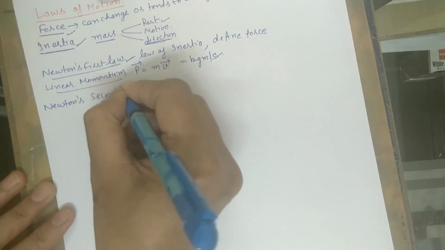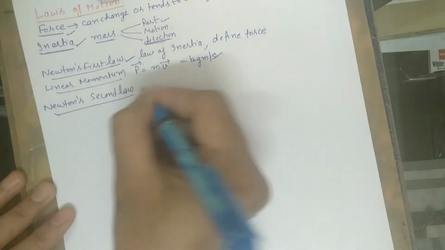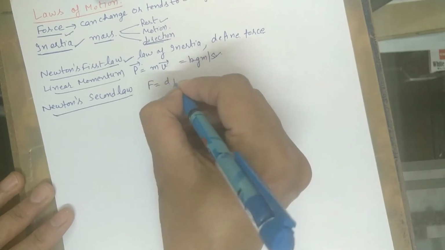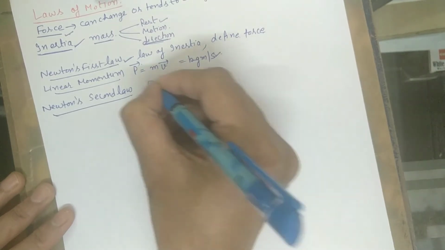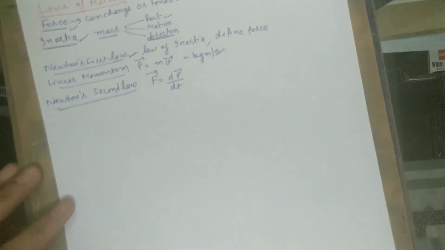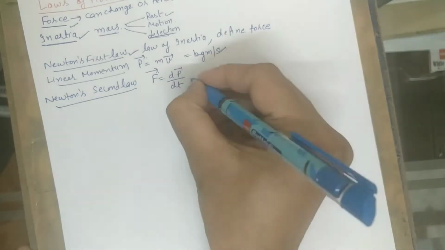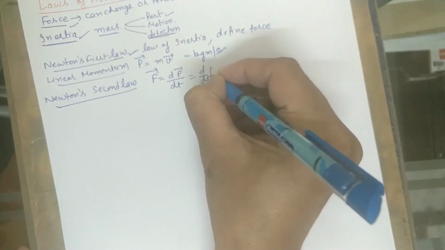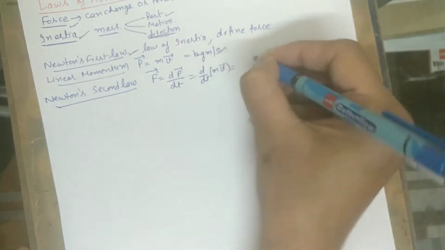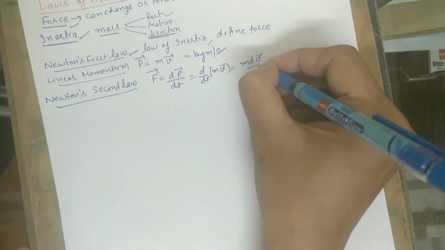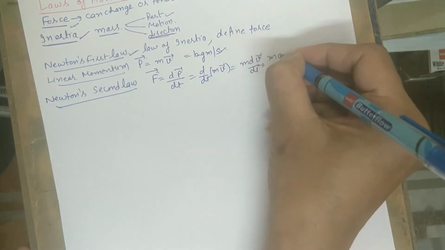According to Newton's second law of motion, the external force is the rate of change of momentum. That is, F equals dp by dt. If we write mass into velocity, this is m dv upon dt, and mass into acceleration.